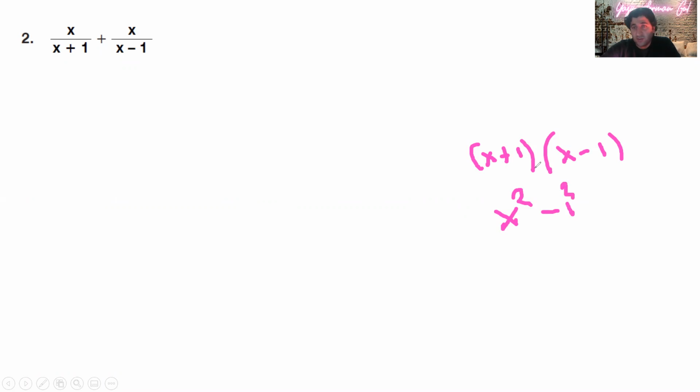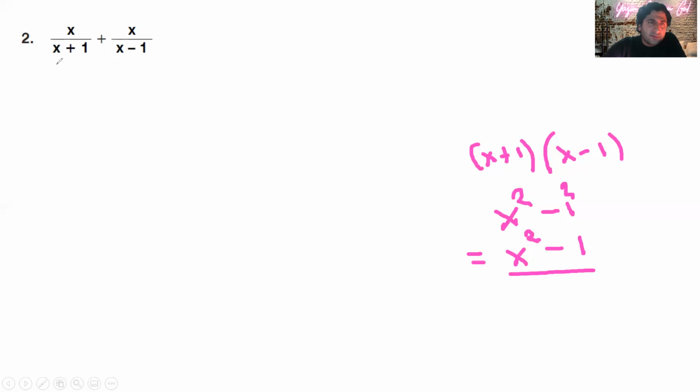Difference of two squares, we take one positive, one negative. So this equals x squared minus 1, because I write it in this form to see that it's the difference of two squares, because 1 to the power of 2 is 1 again. So this is basically this.